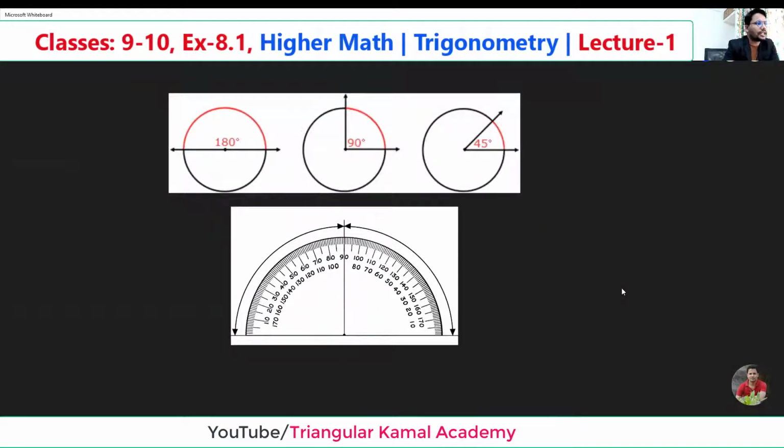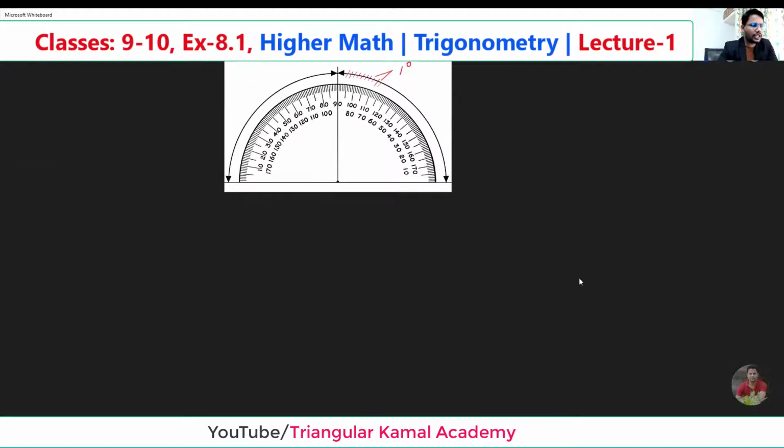Okay, let's see here. This is 180 degree. We all know this angle created inside the figure is 180 degree. This is 90 degree. This is 45 degree. Now this 90 degree is divided into 90 smallest parts, and each portion is called 1 degree.